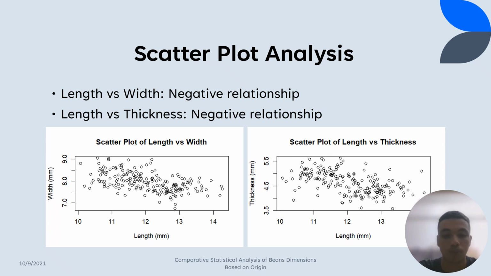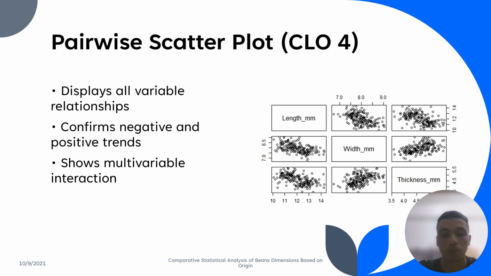Now the pairwise scatter plot. The scatter matrix presents all pairwise relationships among length, width, and thickness. It confirms the negative relationship between the length and the other dimensions, and the positive relationship between the width and the thickness. These patterns indicate structured, non-random relationships among the variables.